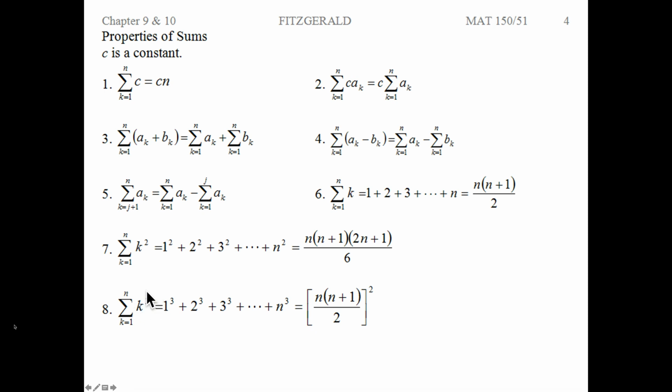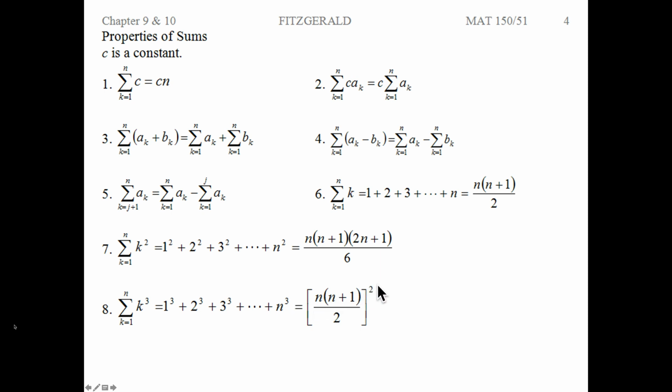We have another formula for k cubed. 1 cubed plus 2 cubed plus 3 cubed all the way up to n cubed. Again, if I had 50 terms, I'm not going to find up to 50 cubed and add these together. Here's the formula. This one's really nice. It's k to the third, so there should be 4 n's. 1, 2. Oh, wait a minute.